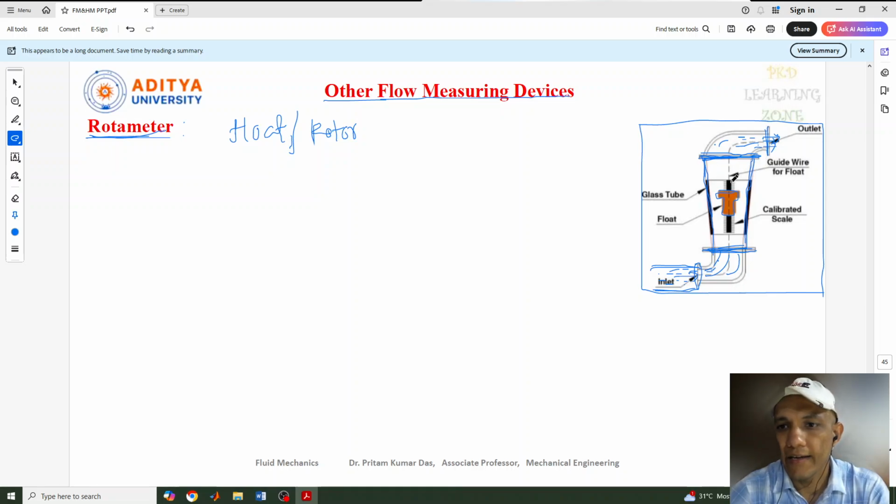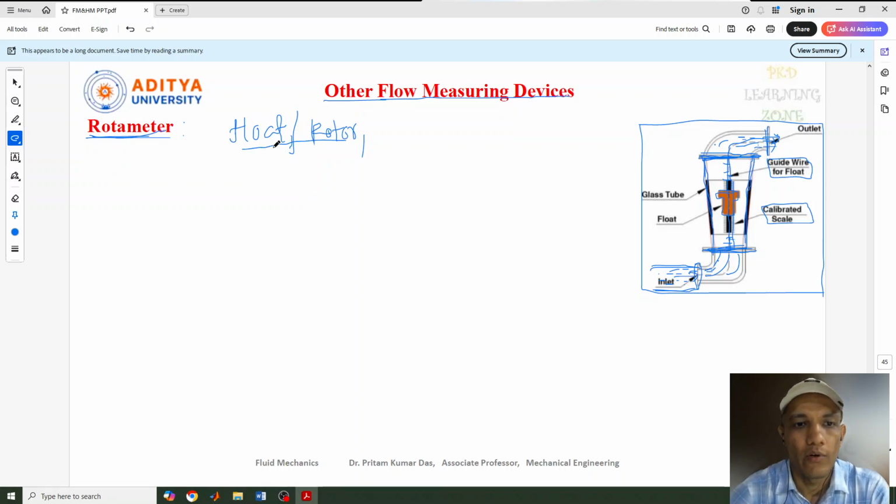There is also a measuring scale from the bottom to the top, which gives the value of the rate of flow. This is called a calibrated scale. And this line is called the guide wire for the float, which is one kind of axis line for the float or the rotor. So these are all the parts related to the rotameter.